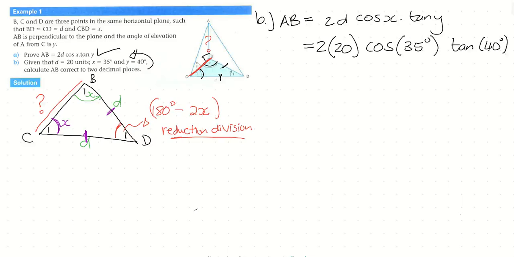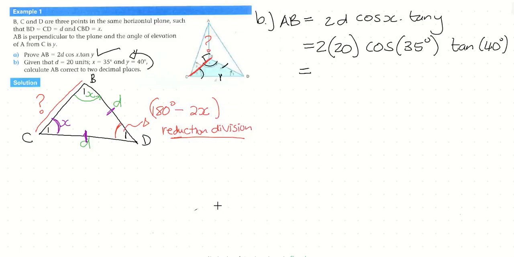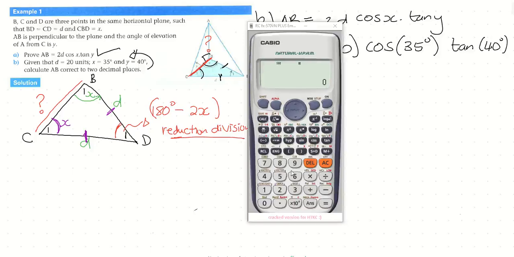You plug that into your calculator. Sorry, I'm just trying to figure out how to use my pen on this calculator. Okay, I'm back. So we plug it in. It's 2 times 20.